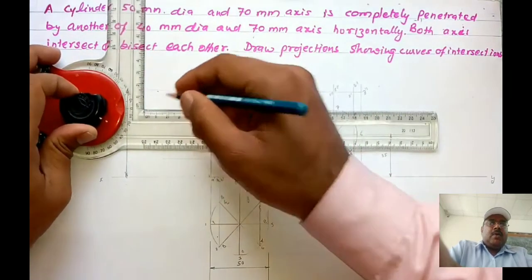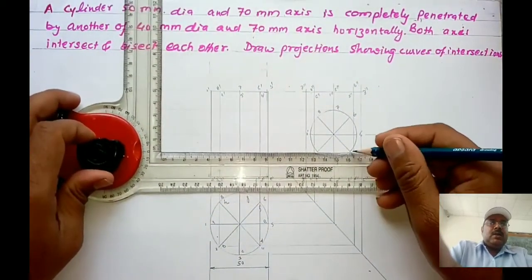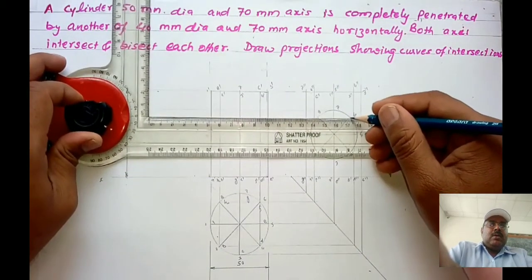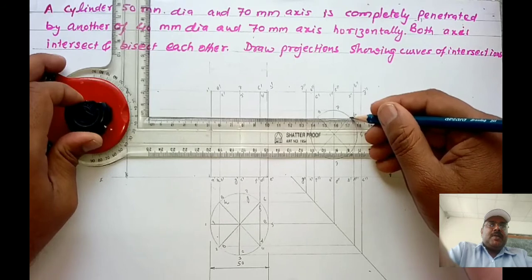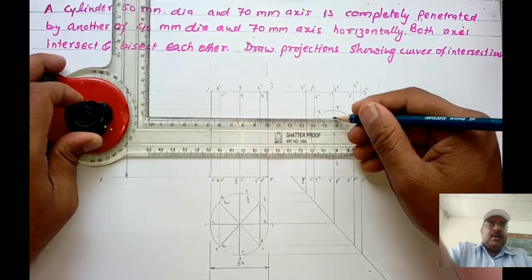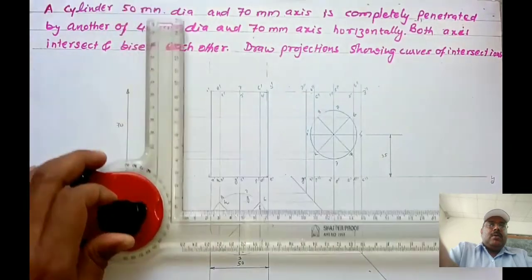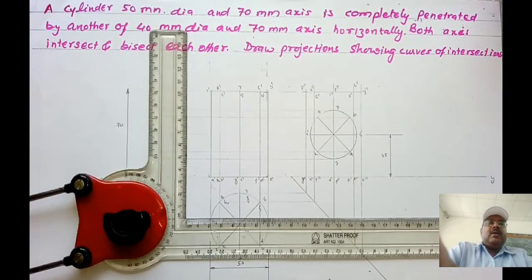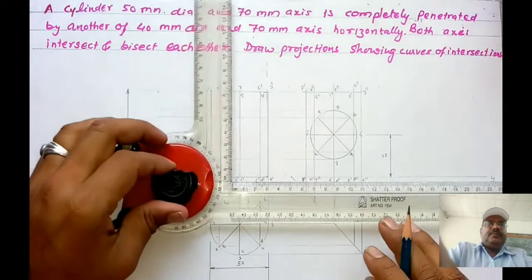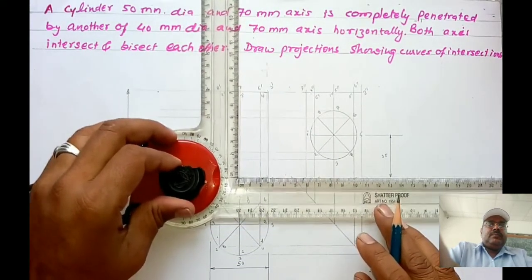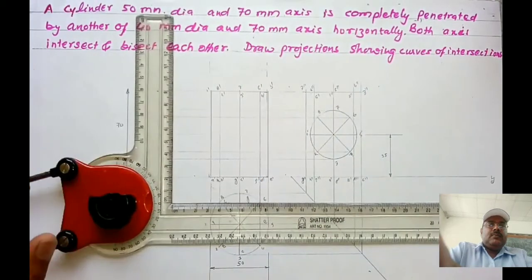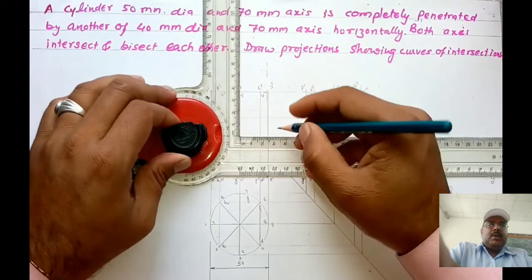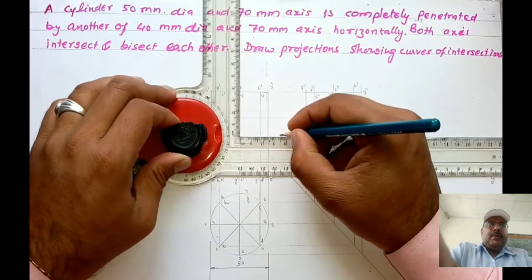The axis height of this horizontal cylinder is the same, that is 70 millimeter. So from the center point of the vertical cylinder in the front view, mark the point on both sides at a distance of 35 millimeter.